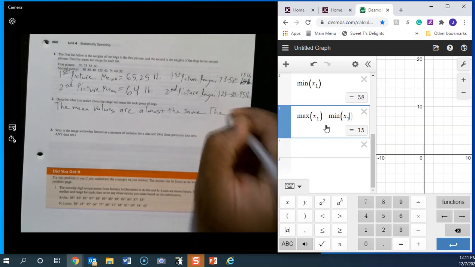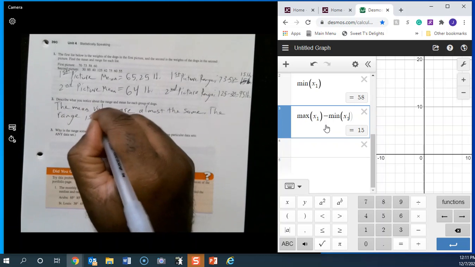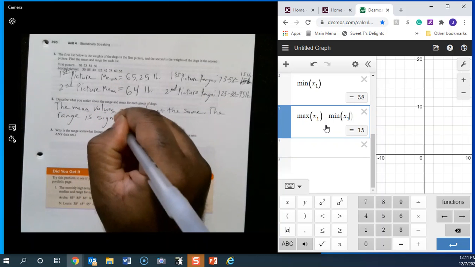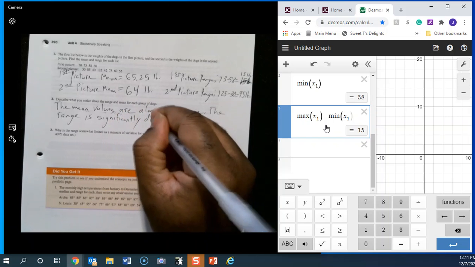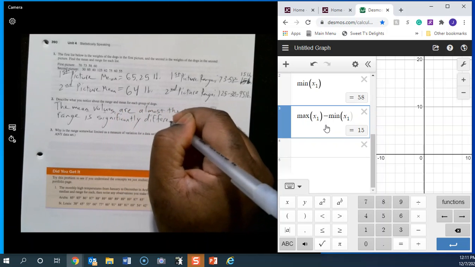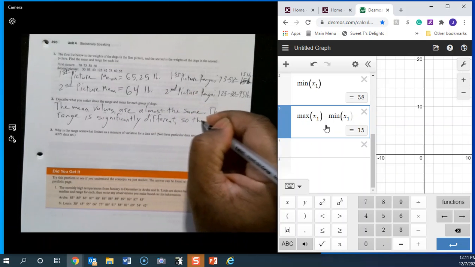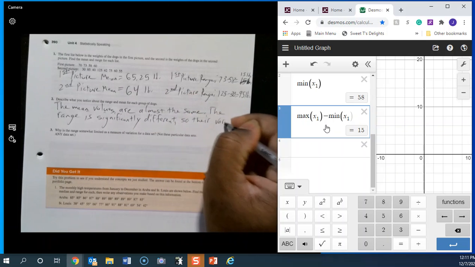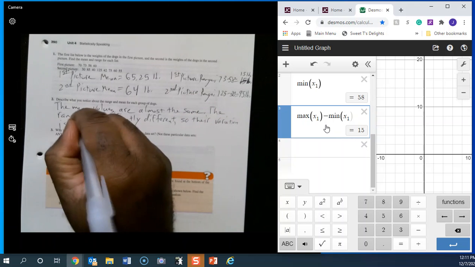The range is significantly different. So their variation is different.